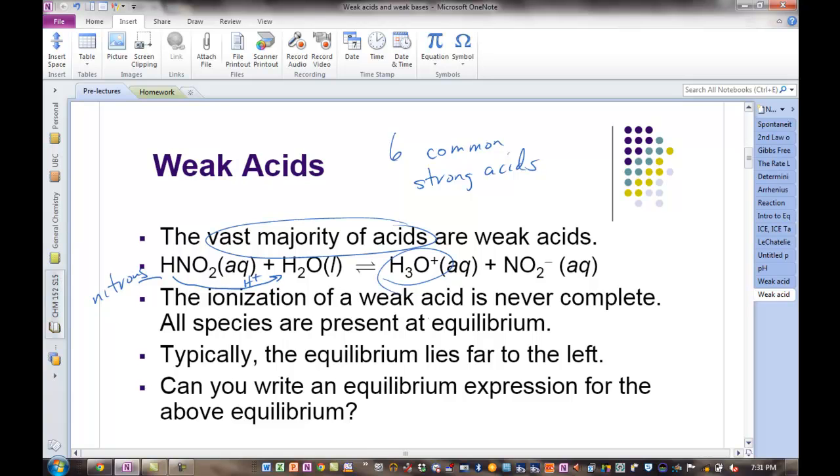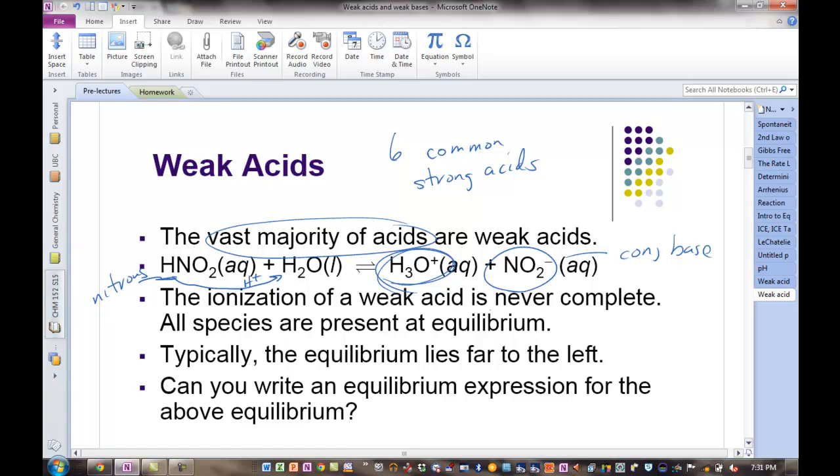When you write out the reaction of an acid and water, the acid donates an H+ to water, producing hydronium, and you also get the conjugate base of that acid. When that acid loses that H+, what you're left with is its conjugate base. It has one less H+ than the acid it came from.